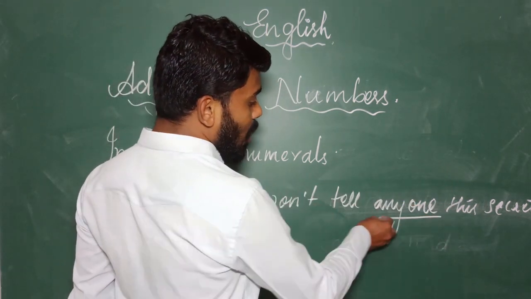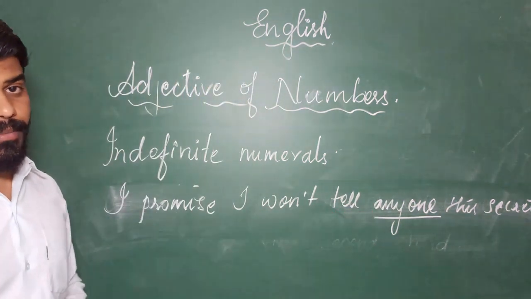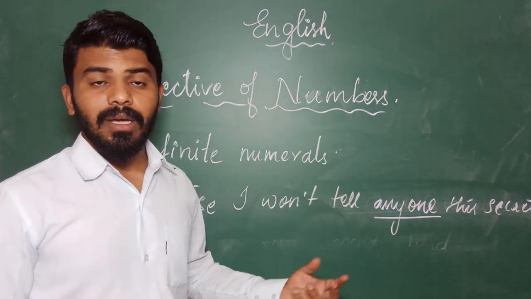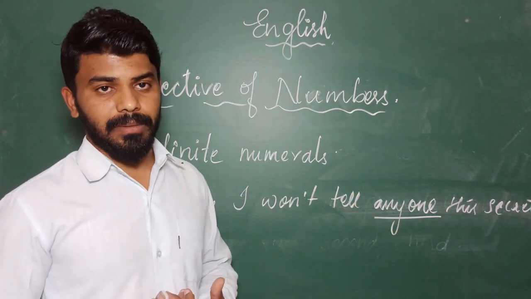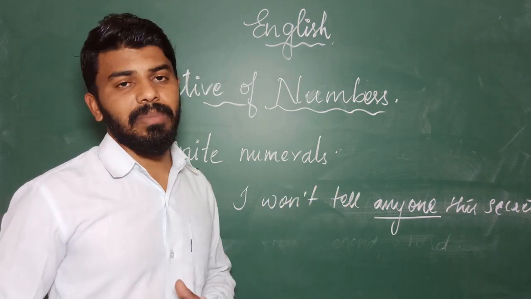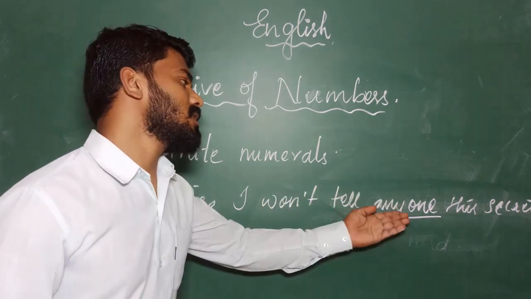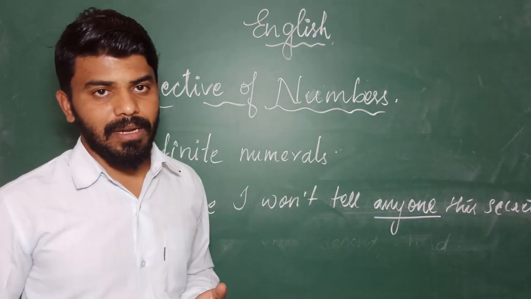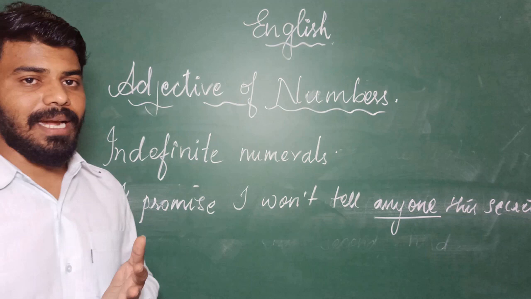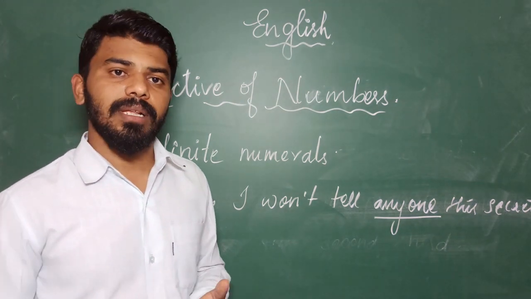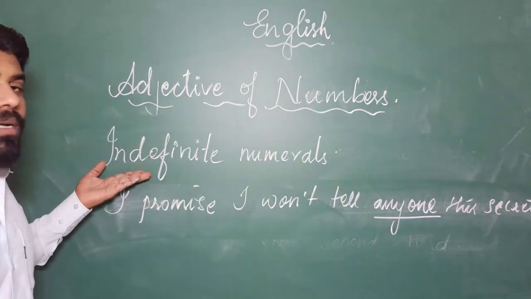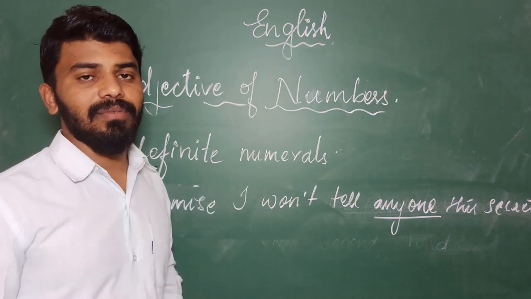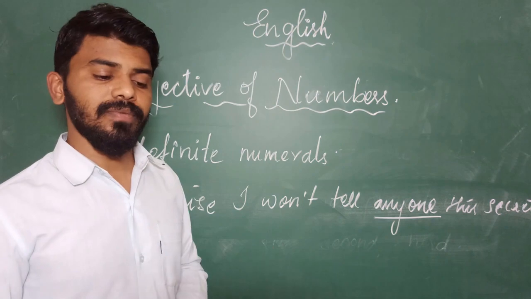Here this anyone is an indefinite numeral where we do not know how many people. Okay, the exact number is not given, so this falls under indefinite numerals. Okay, we are done with definite numerals, under which cardinals and ordinals we have done, and we have also completed indefinite numerals. And we have the last one, the distributive numerals.